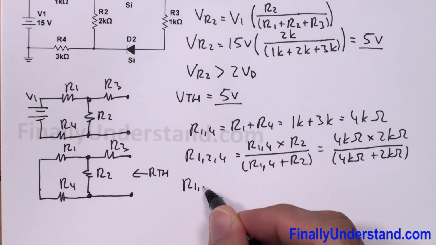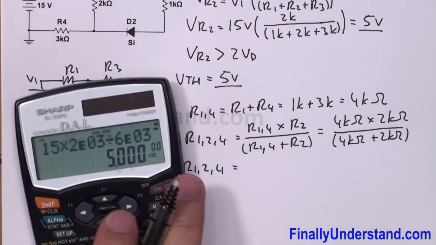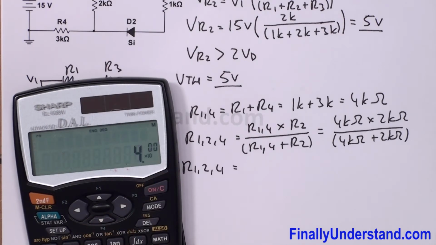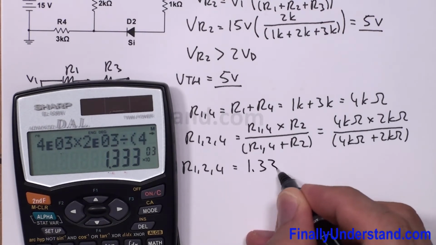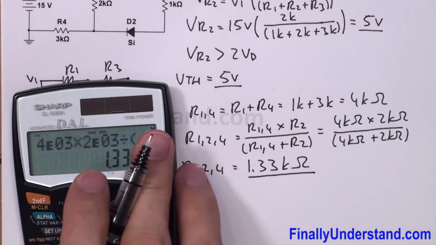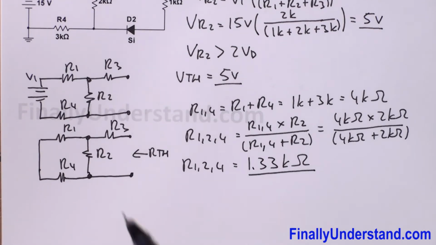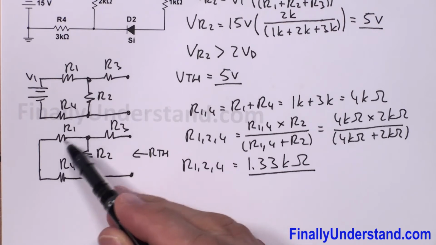So R124 is equal to 4 exponent 3 times 2 exponent 3 divided by (4 exponent 3 plus 2 exponent 3), which equals 1.33 kilo ohms. So I found the total resistance of these three resistors together.